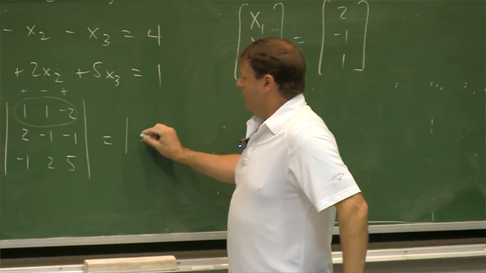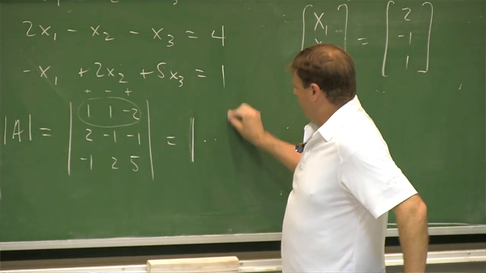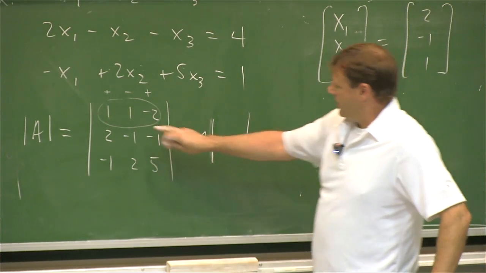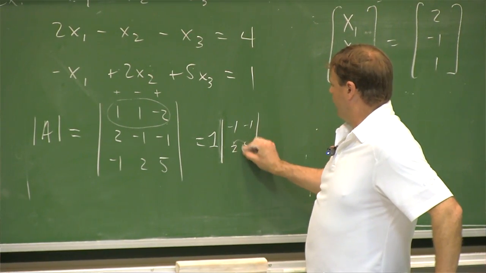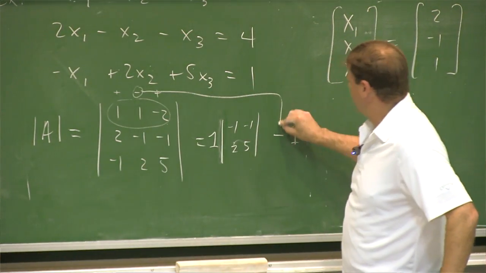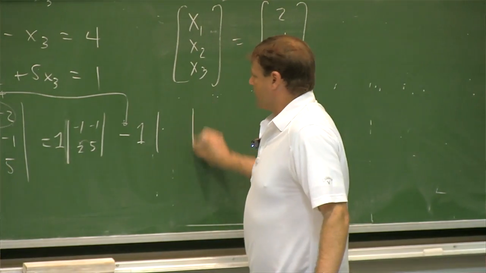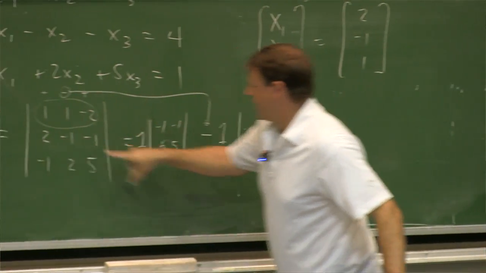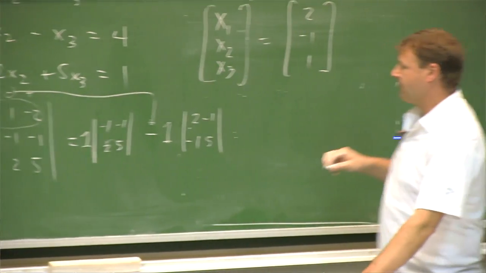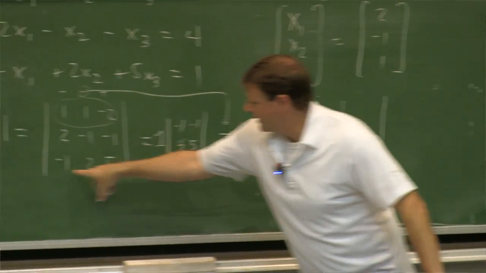So this is 1 times the matrix left over, which is negative 1, negative 1, 2, 5. Then minus 1, that's the minus right here, times the determinant of 2, negative 1, negative 1, 5. And then minus 2 times the determinant of 2, negative 1, negative 1, 2.